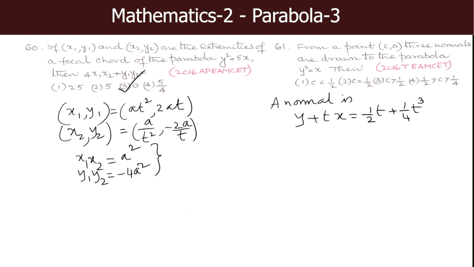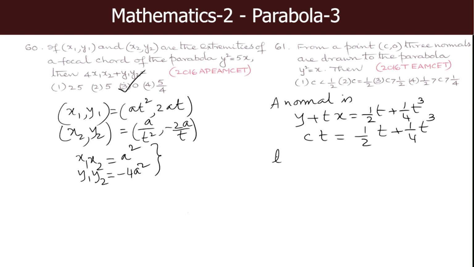Well, this passes through (C, 0). 3 normals are drawn from the point (C, 0). That means by observing that this normal passes through (C, 0), you get a cubic in t that must have 3 distinct real roots. (C, 0) means Ct is equal to half t plus 1/4 t cubed.